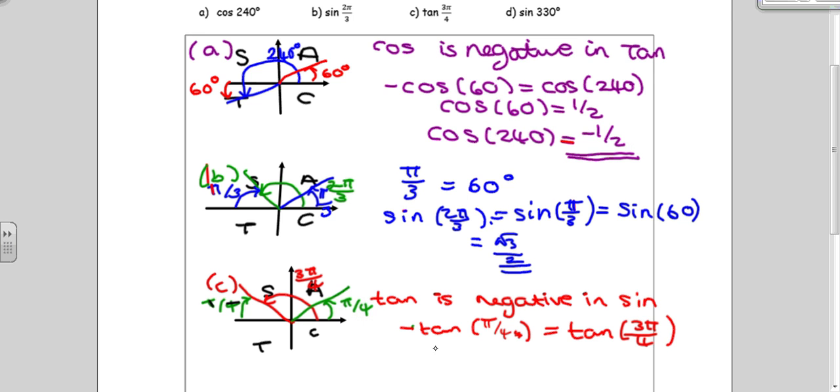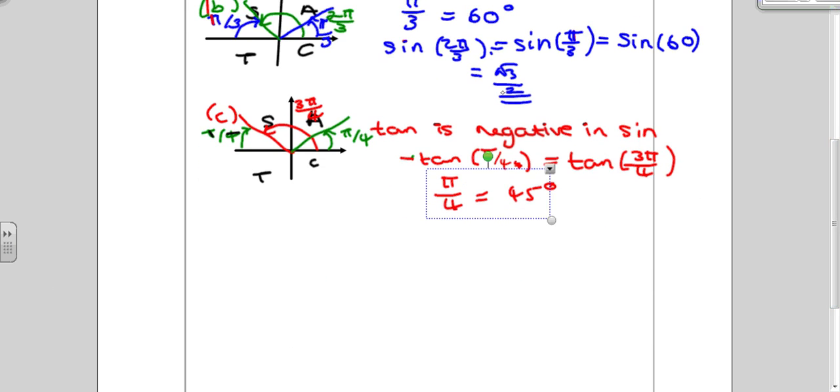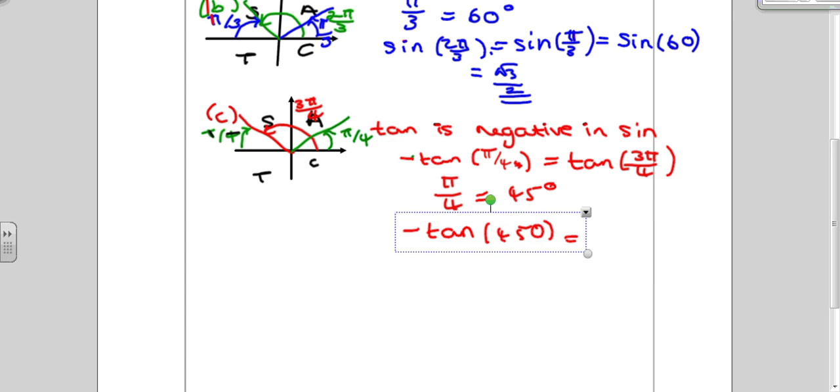So we need to know that pi over 4 is equal to 45 degrees. So that means that we end up with minus tan of 45 degrees is equal to tan of 3 pi over 4.